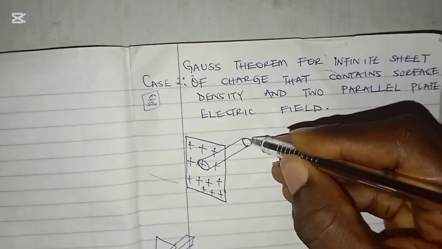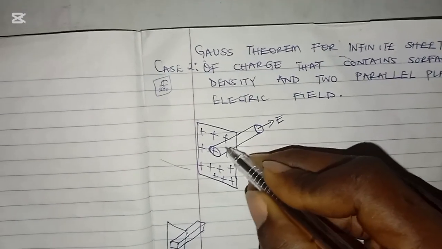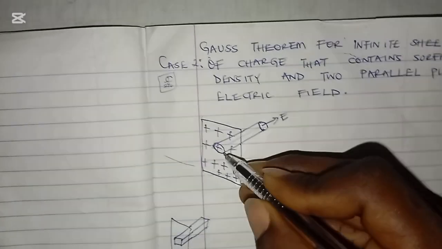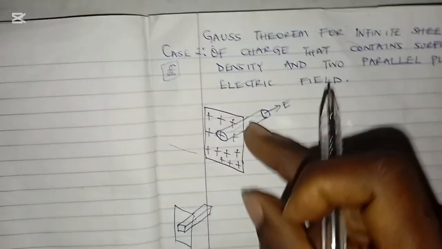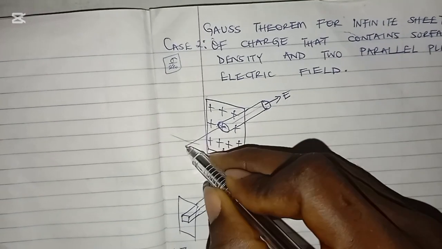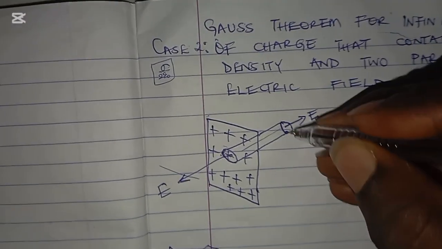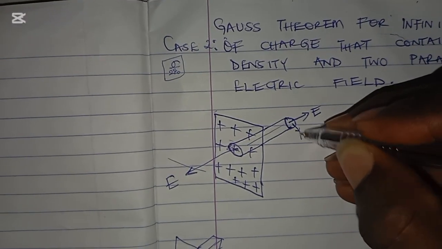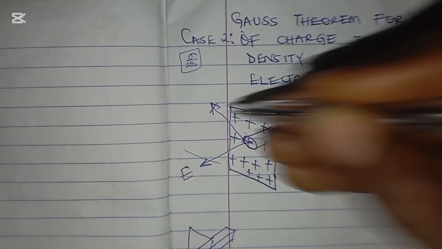So I'll have electric field flowing this way, E flowing on this outside. Remember, I did not put anything inside. It's the charge that is on this sheet of metal, so that there's an opening here and there's also another opening on this side, which is E. There's an area on this, this is the area, and there's an area on this one.